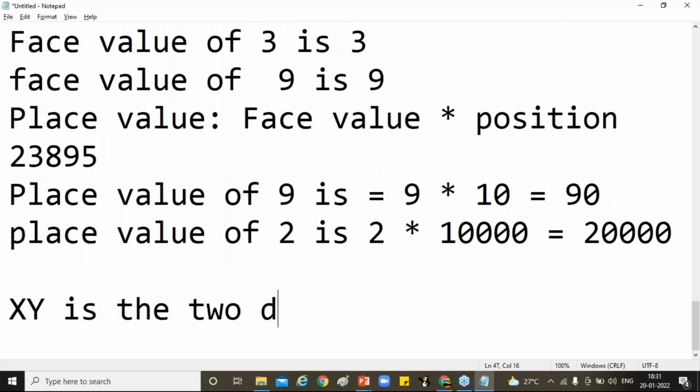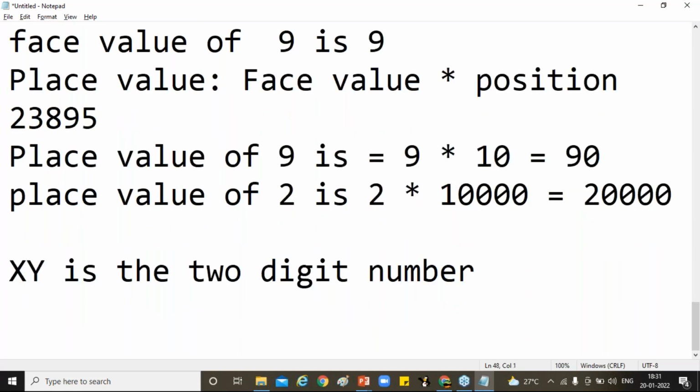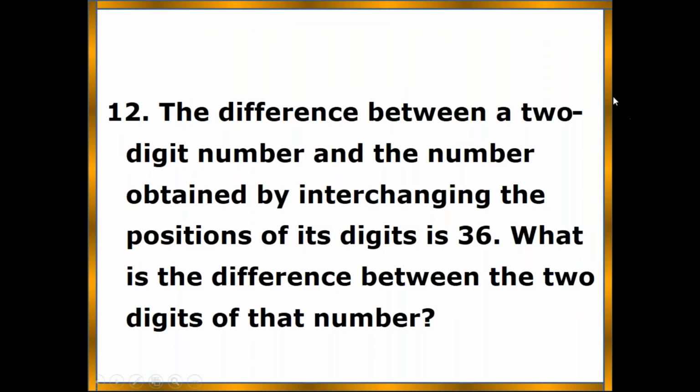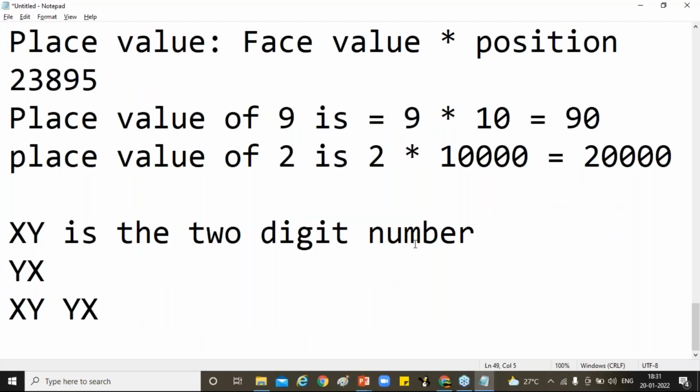If xy is the 2-digit number, reversing the digits gives yx. They have clearly given that xy is the original number and yx is after interchanging the positions of the digits. The difference between xy and yx is 36.